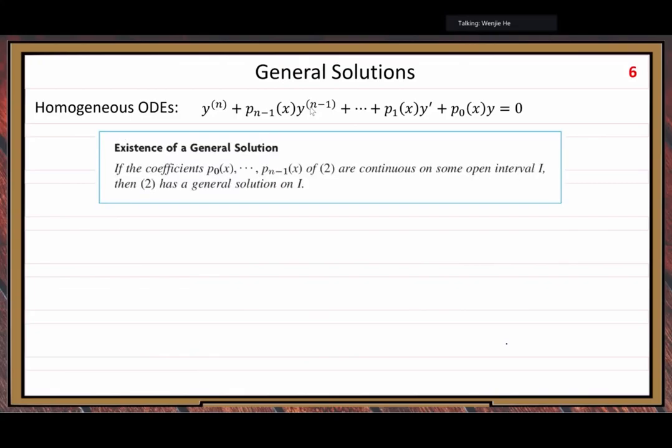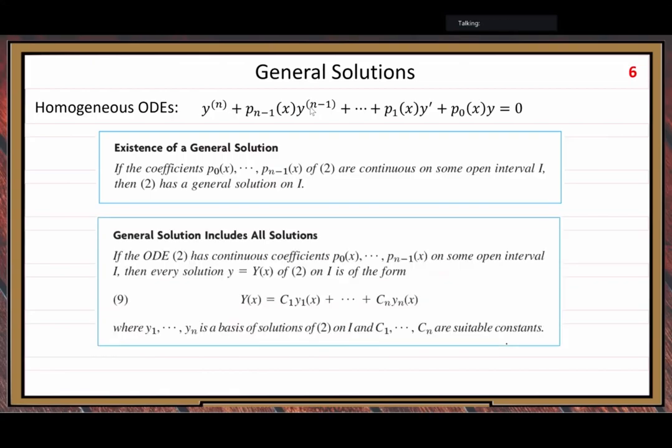Existence of a general solution: if the coefficients, all these p functions, are continuous on some open interval I, similar to our order 2 case, then the equation has a general solution on I. So simple, continuous, existence.